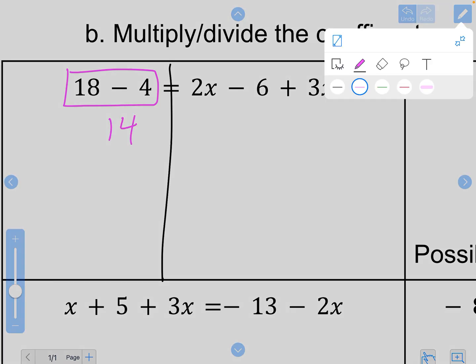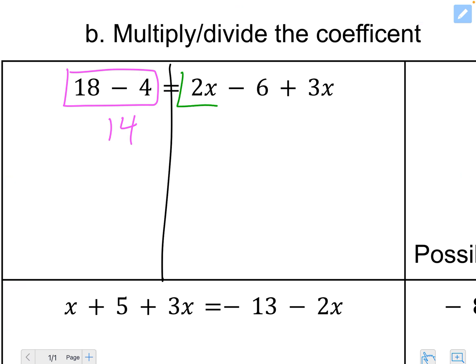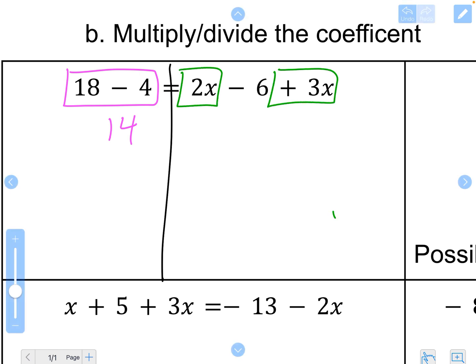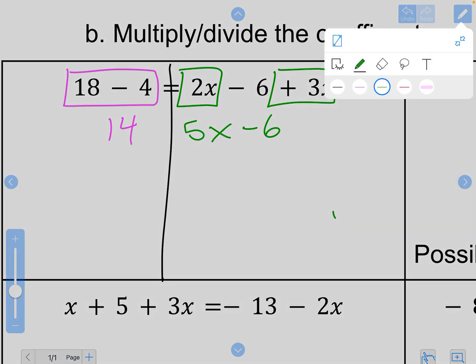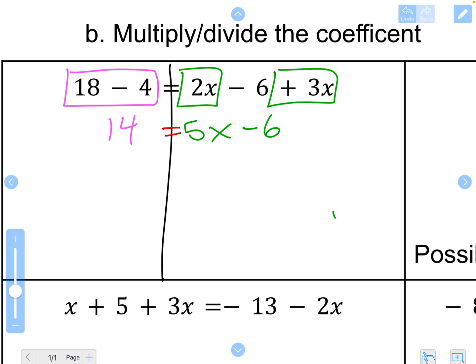So now we're going to look at the left side, and I'm going to find my like terms, which are 2x and 3x. So 2 plus 3 is going to be 5x, and since 6 does not have any like terms, we're just going to bring that negative 6 down. And so now we can solve it like we normally have been.